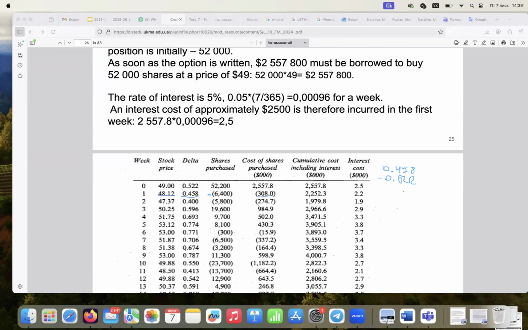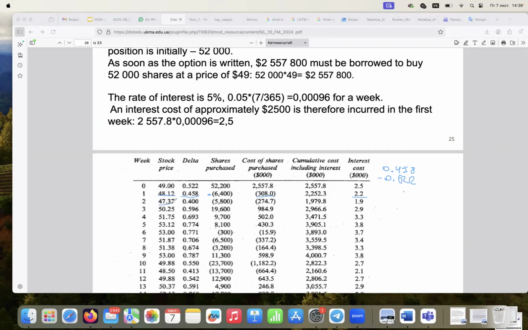We obtained this money, so our cumulative debt now is less than before. Do you understand? We sold this and returned it from our debt. And at the end of the year, we need to pay the interest rate, and it is this.